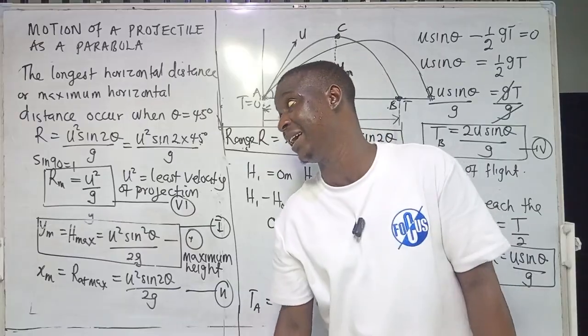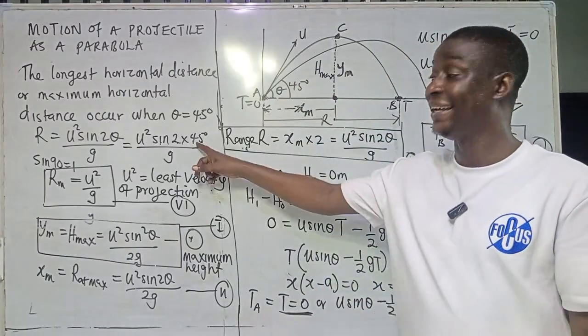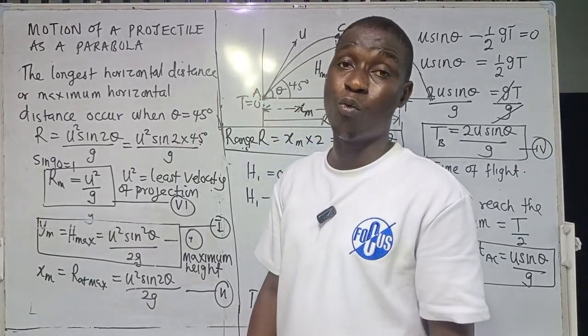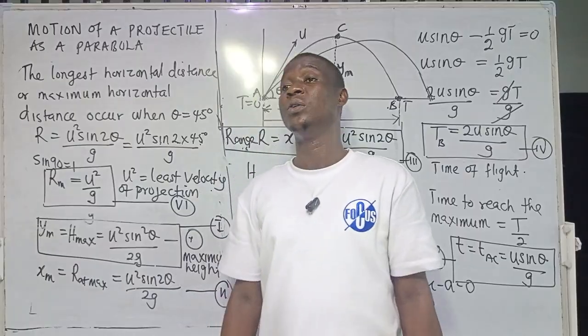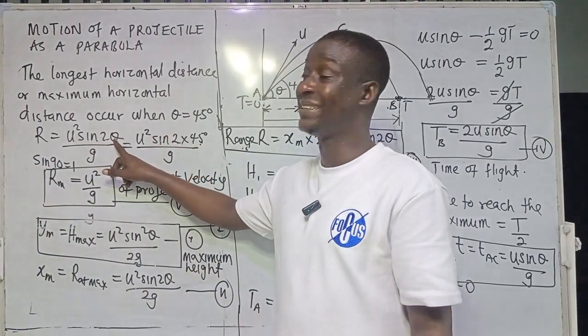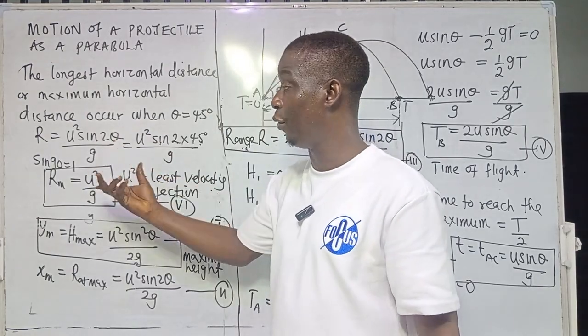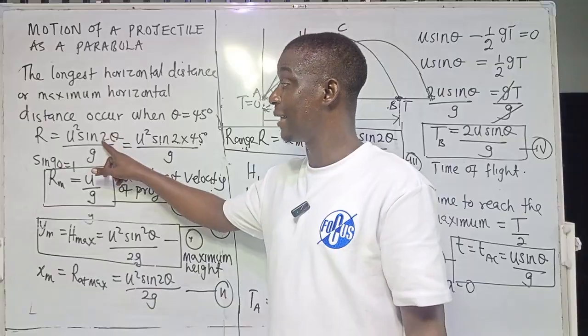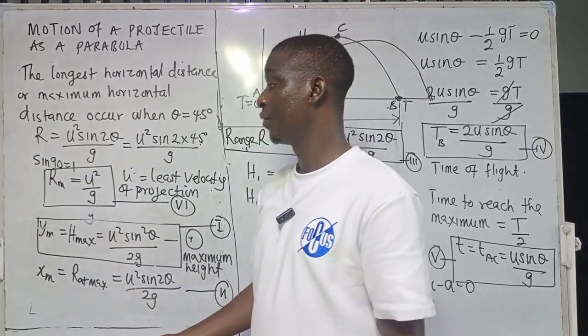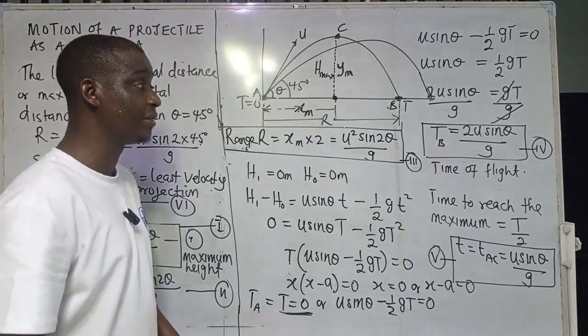When theta equals 0, 360 or 180 degrees. Because when you put 180 here, 2 times 180 is 360, sine 360 is 0. If you put 0 here, 0 times 2 is 0, sine 0 is 0. Everything becomes 0. So I believe I've done case 1.